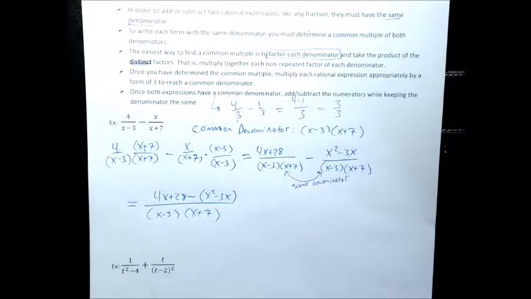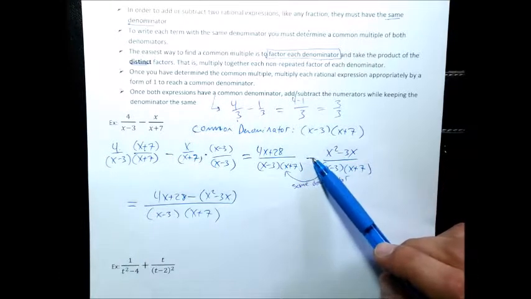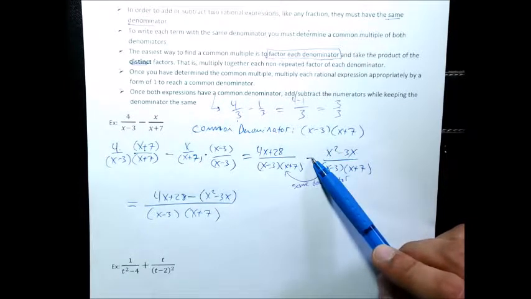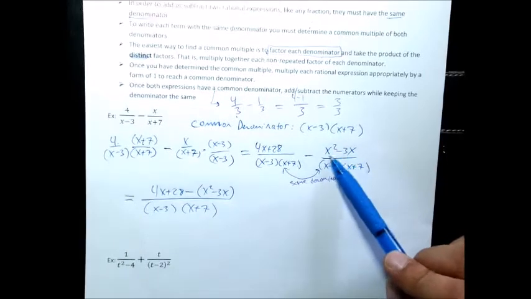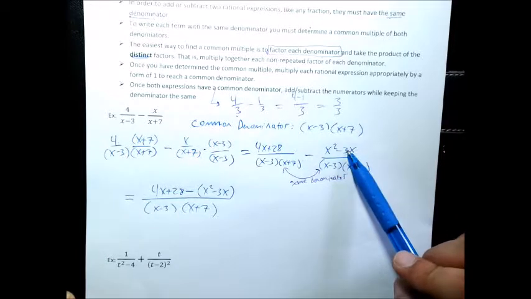And I wanted to write it like this first, to point out that this negative sign, this initial negative sign that I'm pointing at right now, applies to both those things in the numerator. So it's going to make this x squared negative, but it's going to make the minus 3x positive.